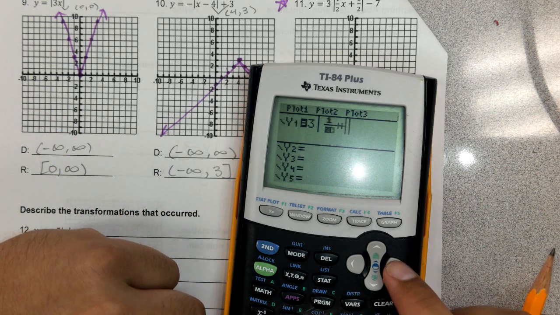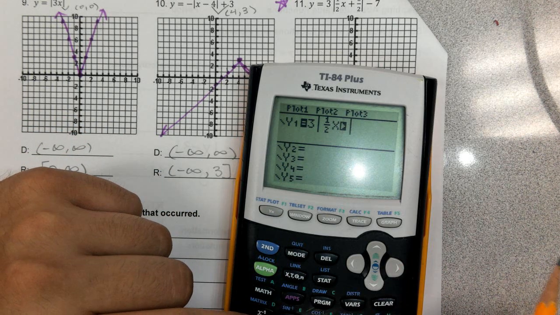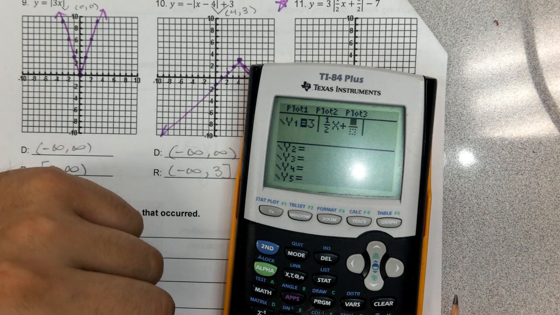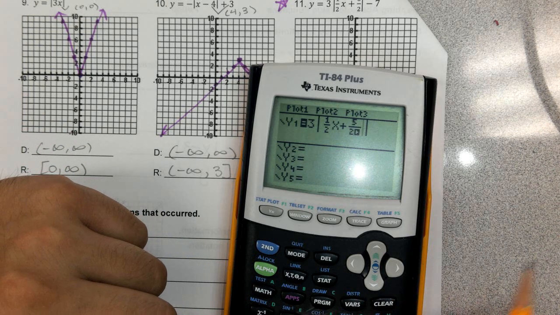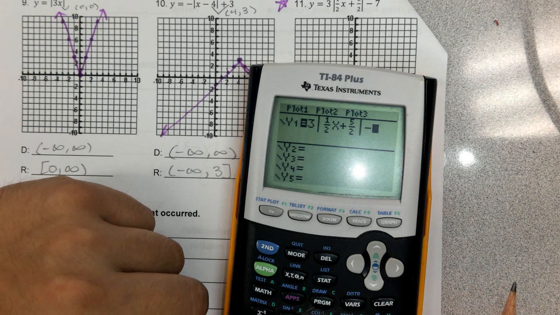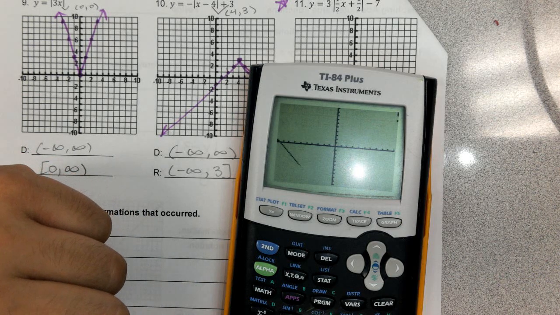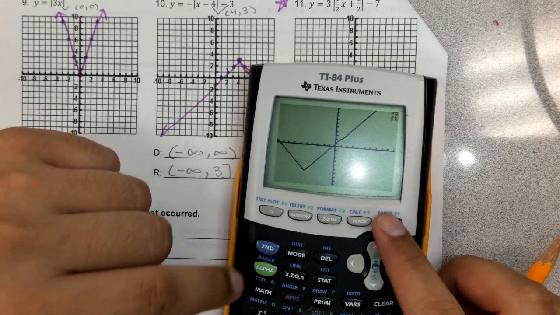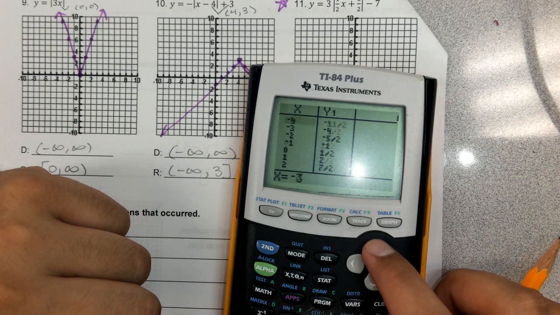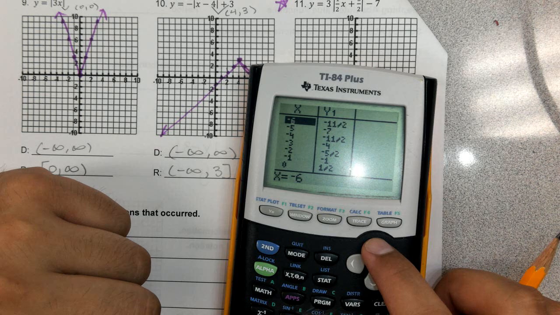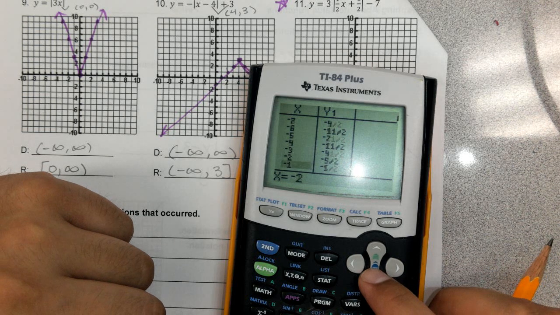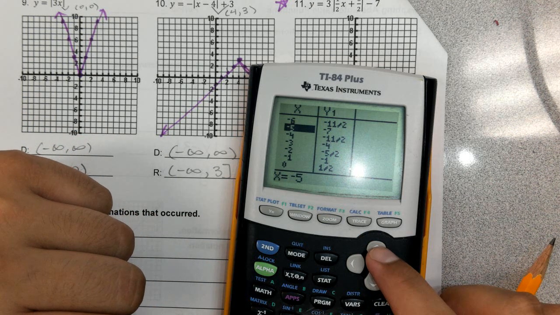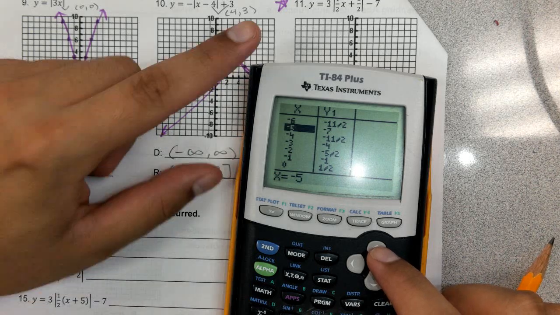All right, so we got 1/2 x plus 5 over 2, then minus 7. All right, so if I graph this, we can see that the vertex is going to be at negative 5, negative 7. So not negative 5 over 2, comma, negative 7. So let's see why that happens.